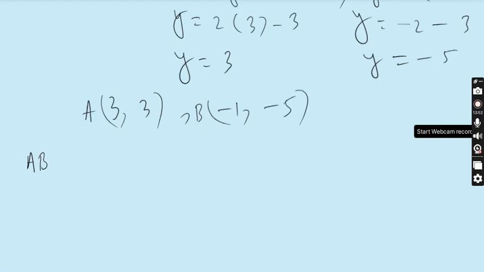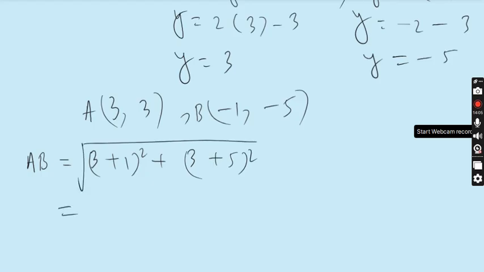So the distance AB is equal to the square root of (x2 - x1)² plus (y2 - y1)². 3 plus 1 is 4, squared is 16. 3 plus 5 is 8, squared is 64. 64 and 16 make 80. The answer is root 80.